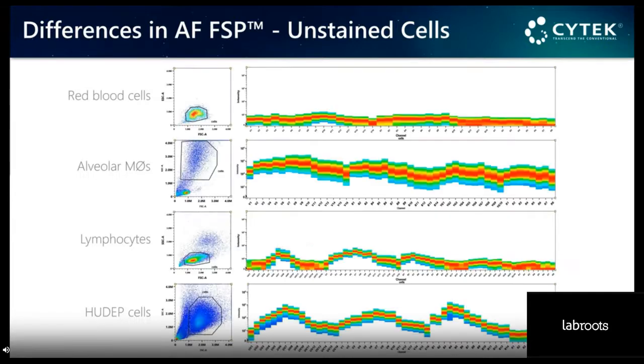Let's look at red blood cells, tiny elements that don't give you a lot of emission as expected, based on size and complexity. Alveolar macrophages, just from the scatter plot, I can tell they are more granular, more complex. And now that I do a more global characterization of those cells across all the 64 detectors, what we are seeing is the detectors are capturing a lot of light from unstained cells.